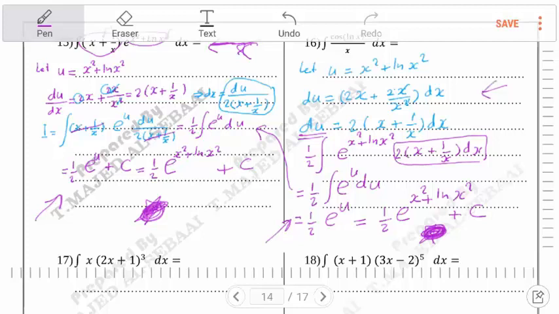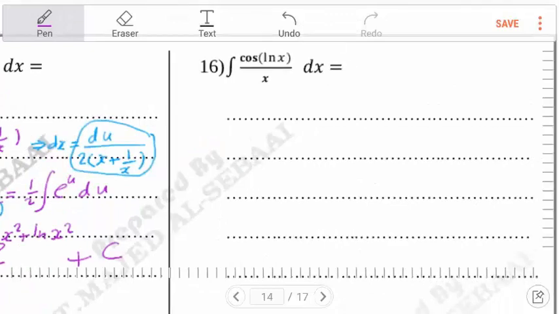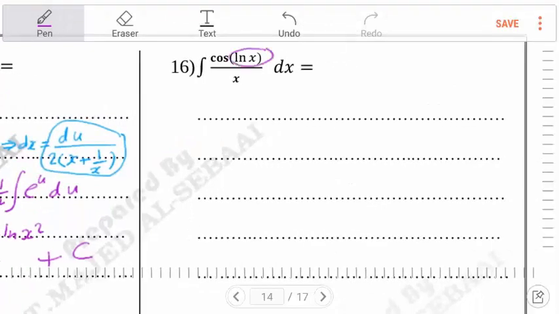Okay, do a screenshot. I will clean the method on the right. As you can see, we have ln and we have 1 over x, which is the differentiation of ln, right?